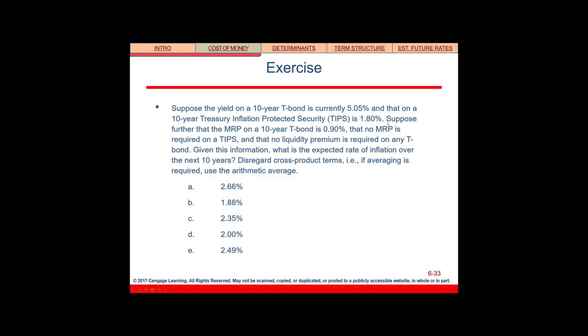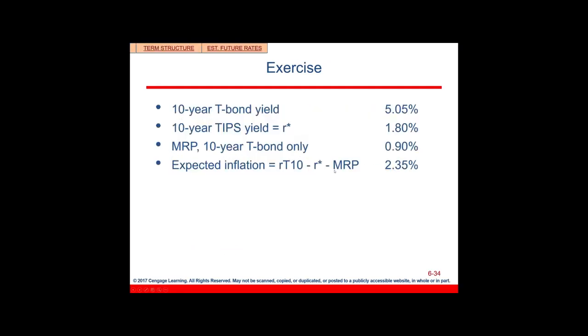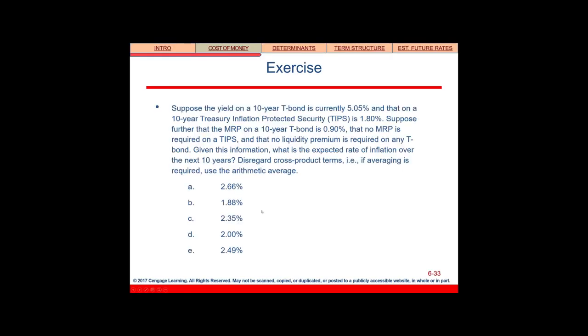So we can rewrite this equation like 5.05% equal to the real risk-free rate of return, which is 1.8%, plus the inflation premium, that's the one that we need to calculate, plus 0.9%, right? So in order to calculate this inflation premium, we just need to use 5.05 minus 1.8 minus 0.9. Then the answer should be 2.35%. So C is the correct answer.